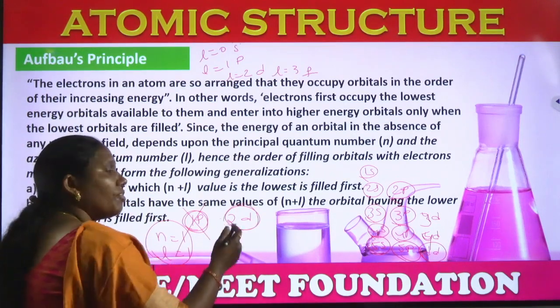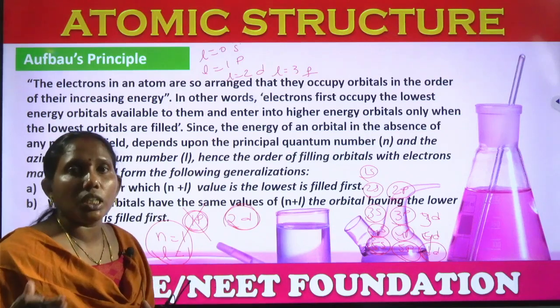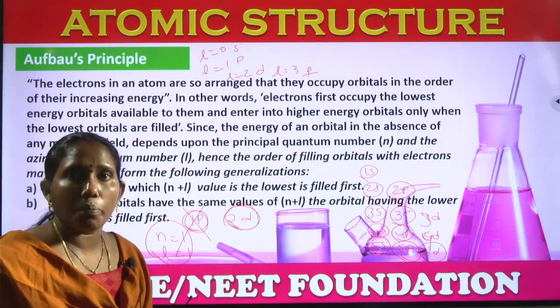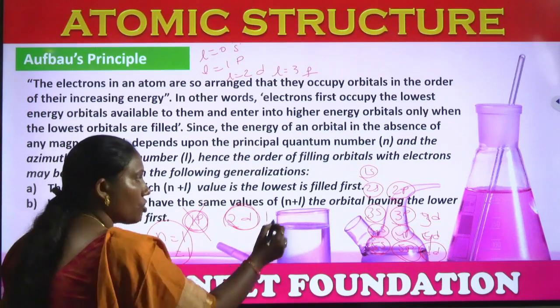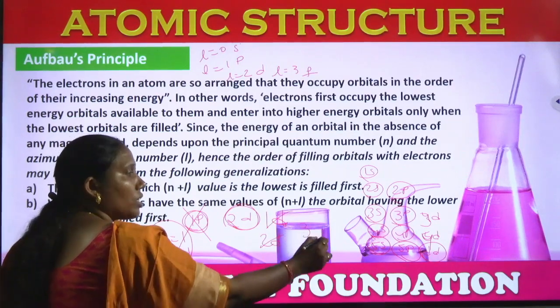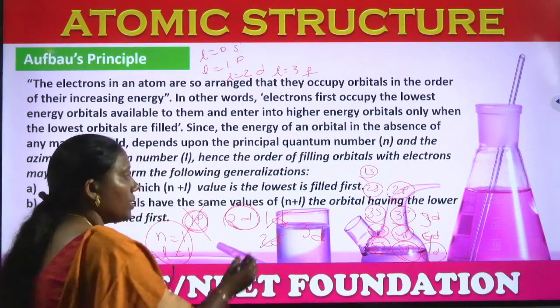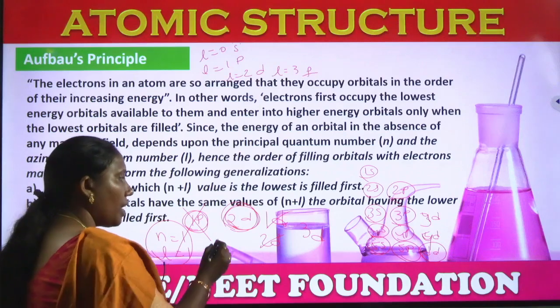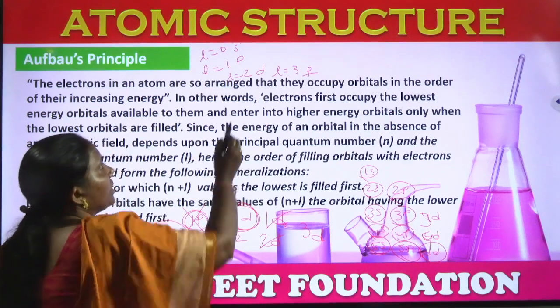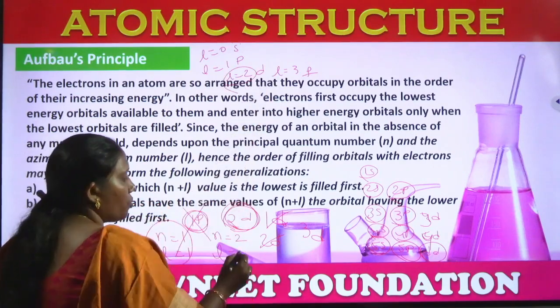Whereas coming to 2d, why does the d orbital start from the 3rd orbit? Why is 1d not existing? Why is 2d not existing? The reason: for 2d, n value is 2, and the l value for the d orbital is 2.